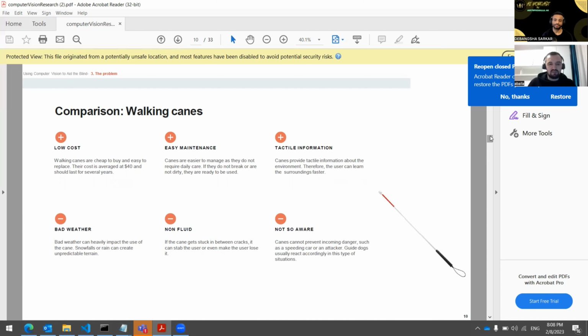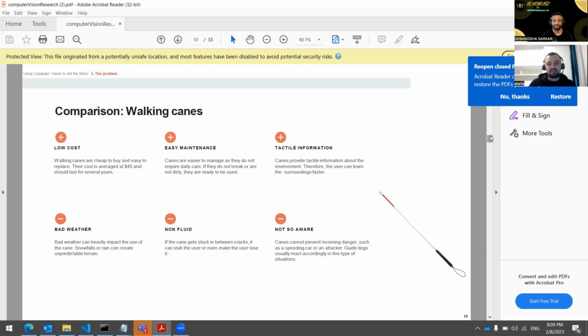However, they become unreliable when the weather starts to get really bad. So if it's snowing outside, maybe the walking cane is not the best item to use. They're non-fluid. They can get stuck between cracks, and it can make you fall sometimes. Just imagine carrying a stick around you, and sometimes you can stick it in between things.